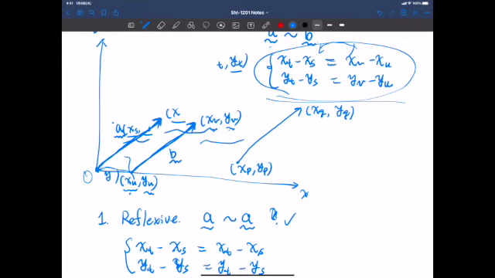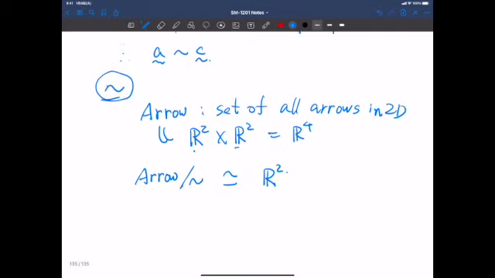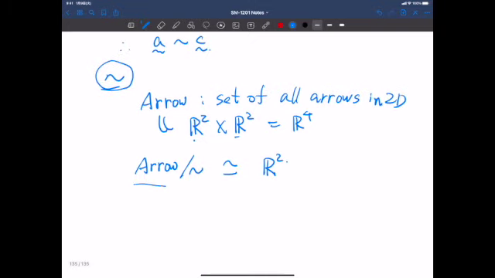So far we have considered only two dimensions, but the same argument can be applied to any dimensions. So in the case of three dimensions, we need to specify 6 real numbers to specify one arrow. But by introducing an equivalence relation in a similar manner, this quotient set will be reduced to 3 dimensions.